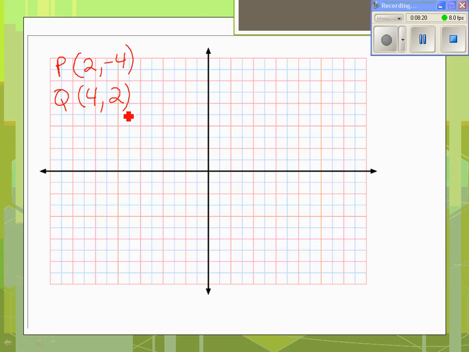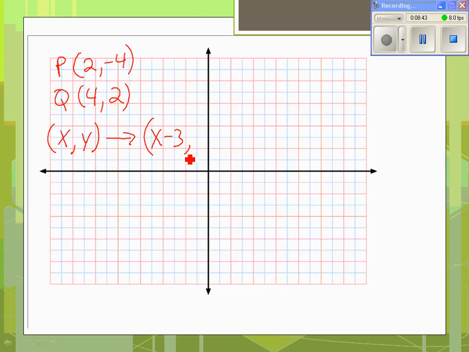So this one, let's go ahead and make it a rule. (x, y) is going to go to, what's it say? Left 3 units and up 4 units. So what's going to happen here if I move the x left 3 units? -3.